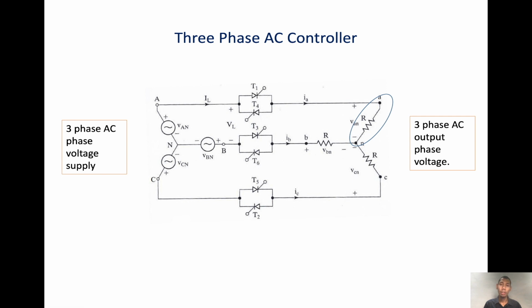Because the loads are identical, just 120 degrees out of phase with each other, the shape will be symmetrical. But for the purpose of starting, we examine this one, VAN.